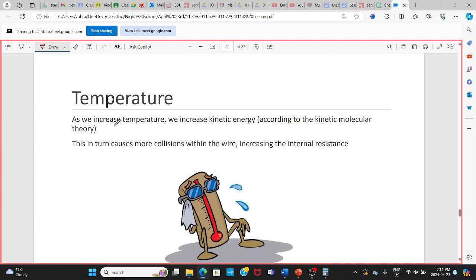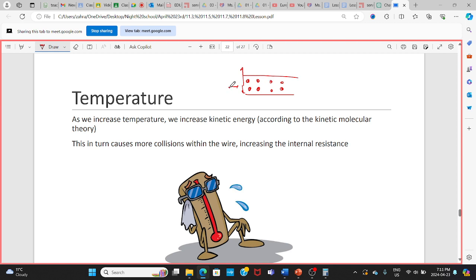Temperature. As you increase the temperature, what happens to the molecules? Molecules go faster. Just imagine that this is my wire, right? And these are the molecules. You heat it up, they move faster, going up and down. And when an electron comes, it can hardly pass through easily, right?